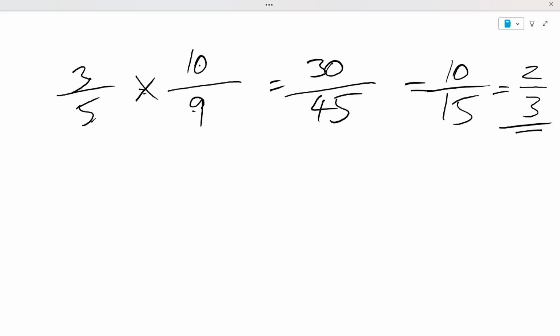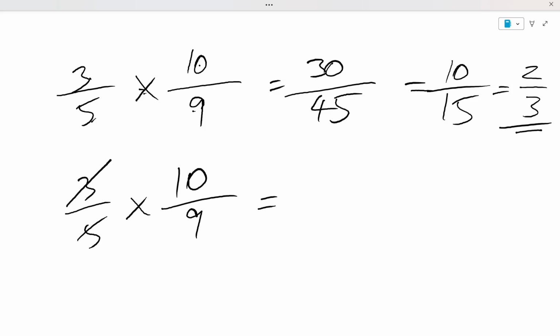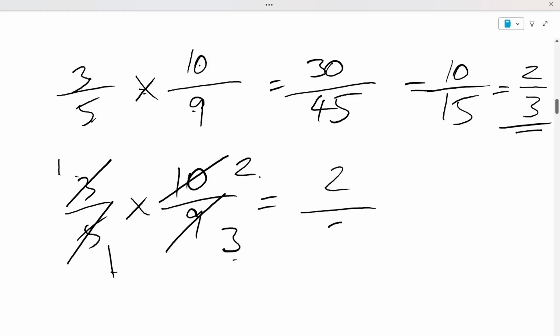So the answer is 2/3. Or if you want to use the shortcut, this numerator divided by 3, this denominator divided by 3, this numerator divided by 5, and this denominator divided by 5. 1 times 2 is 2, 1 times 3 is 3, you get 2/3 either way.